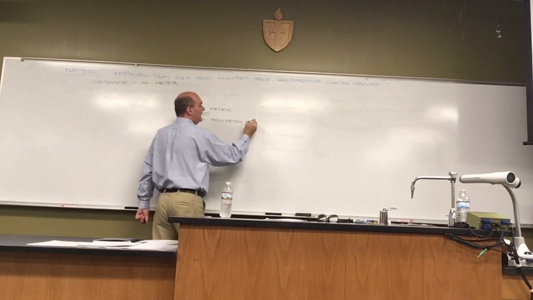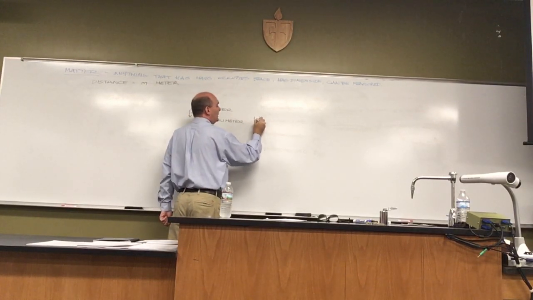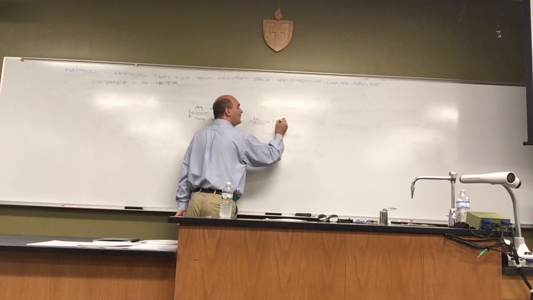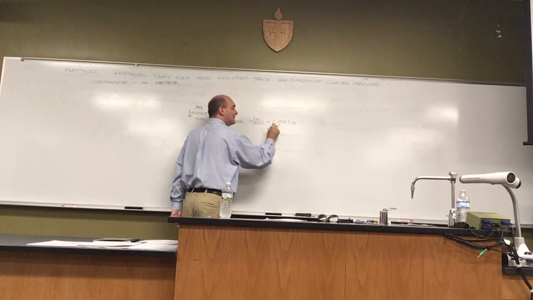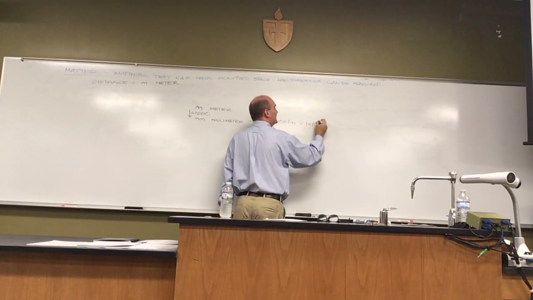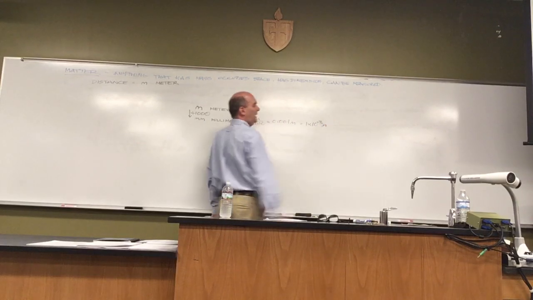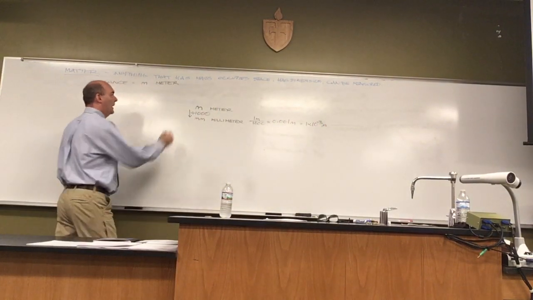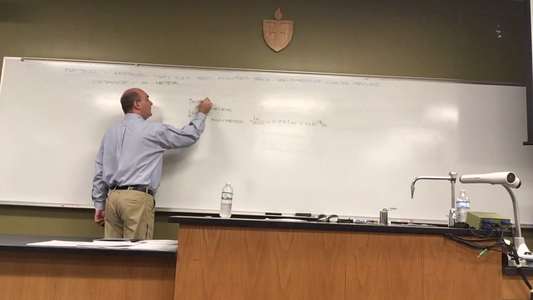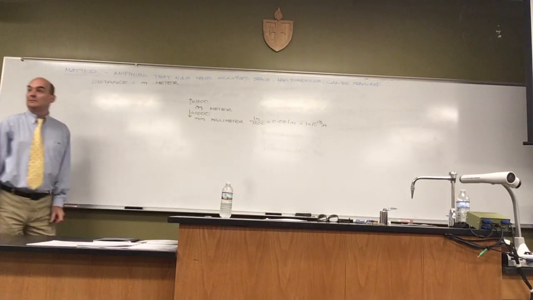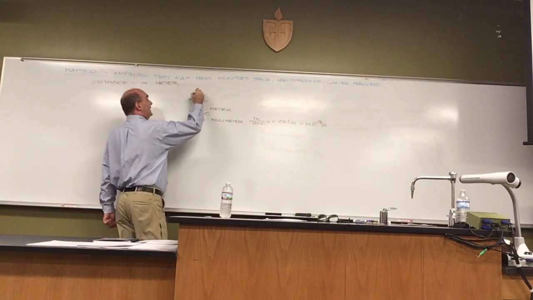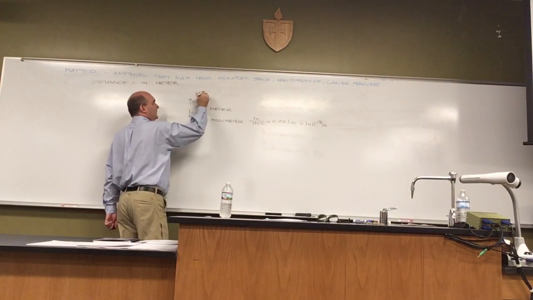A millimeter would be 1 meter divided by 1,000, which is 0.001 meters. Don't forget to put that 0 in, because it tells us 1 times 10 to the negative 3 meters. If I multiply up by 1,000, I get a kilometer.